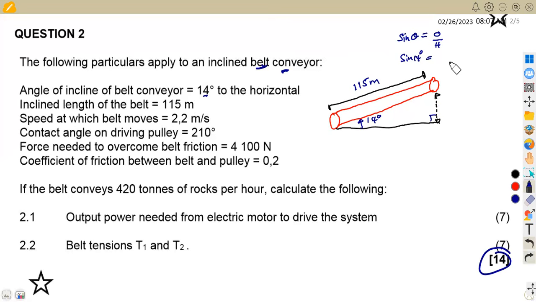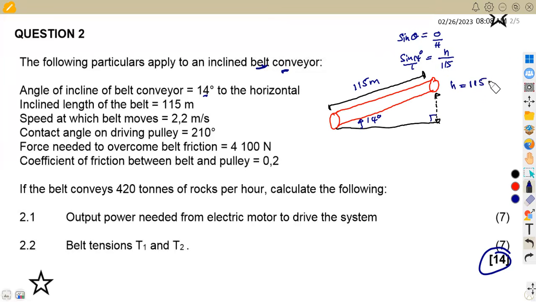So we are going to have this h over, in this case, the hypotenuse. Sorry, we are referring to h, which is the perpendicular height, over the hypotenuse, not the perpendicular height, guys. It's the hypotenuse, that is 115. If you cross multiply, h is equivalent to 115 times sine 14.